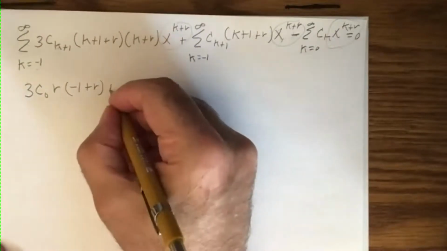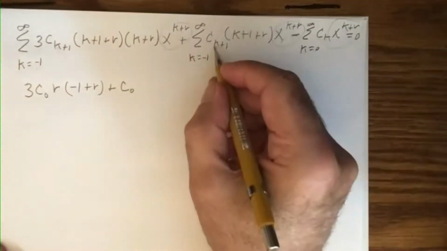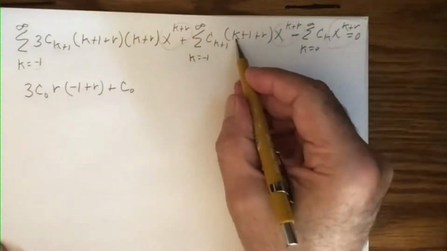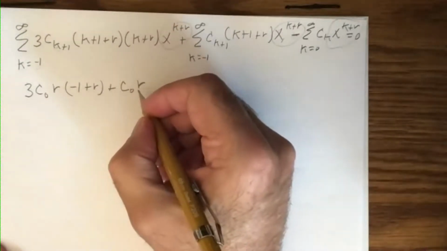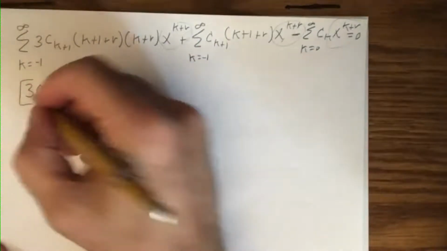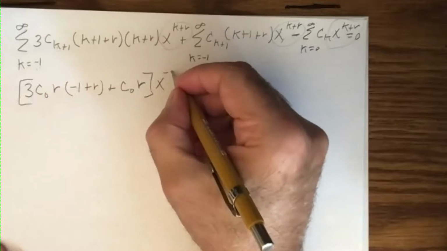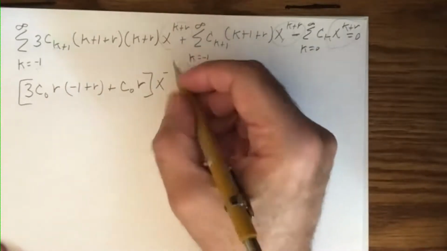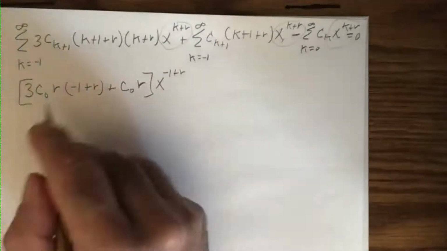And then plus c0 here times, I'm going to put a -1 here, so this is just going to give me an r. Let me make sure this is right. And this is all times x to the -1 plus r. We don't know what r is yet. Okay, any questions so far?